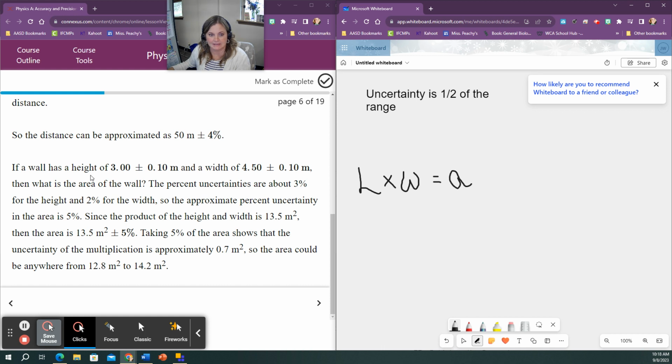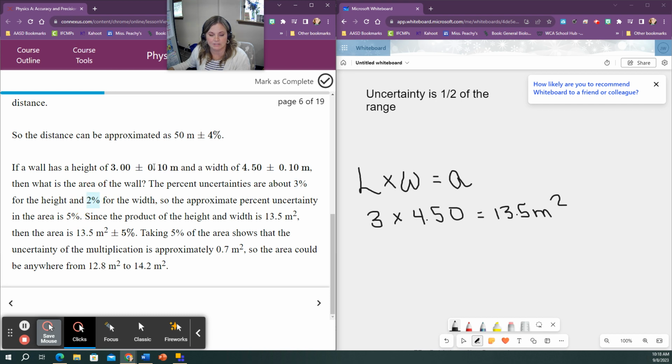Is area. It says you have the height of a wall and the width of a wall, so we're going to do 3 times 4.50, and that gives you 13.5, and that's square meters. The uncertainties it says are 3% and 2%.